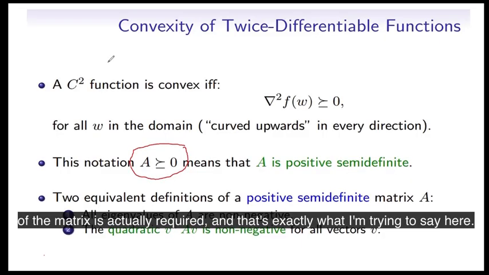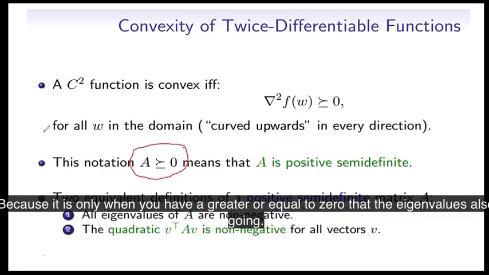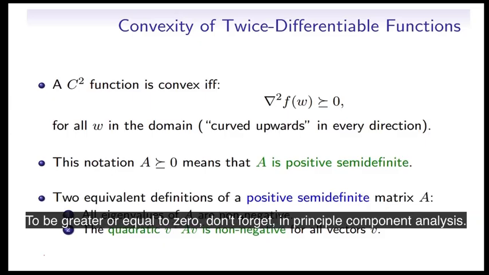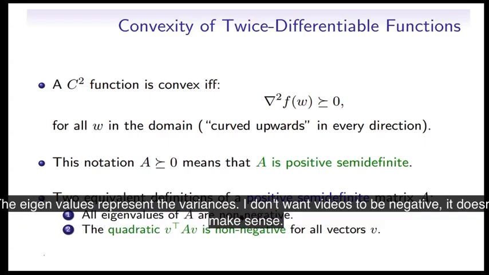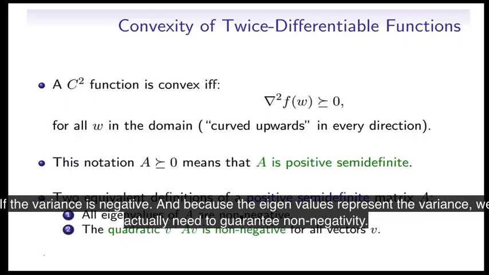And that's exactly what I'm trying to say here. It is only when you have greater or equal to zero that the eigenvalues are also going to be greater or equal to zero. Don't forget, in principal component analysis, the eigenvalues represent the variances. We don't want variance to be negative. It doesn't make sense if the variance is negative. And because the eigenvalues represent the variance, we need to guarantee non-negativity.